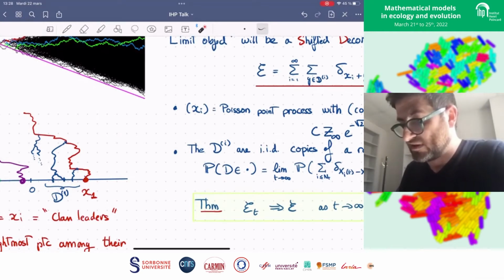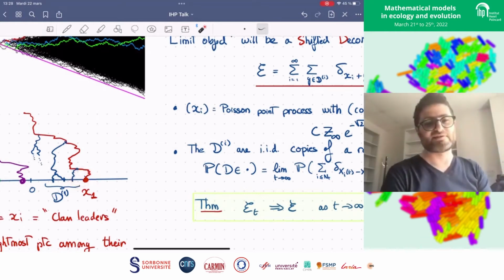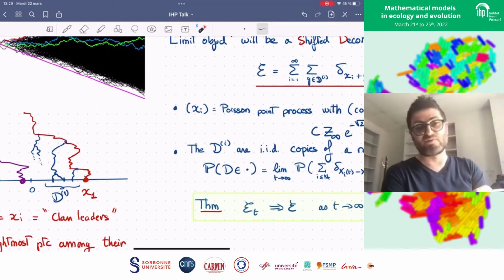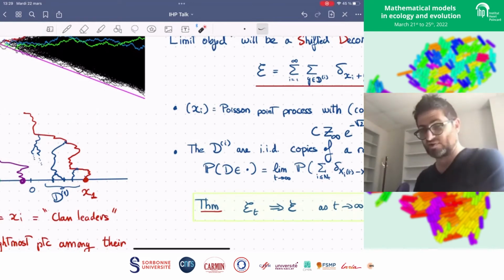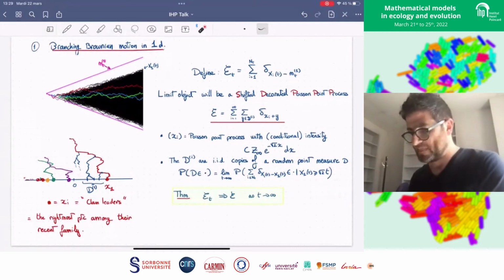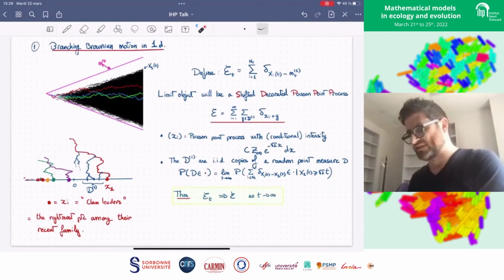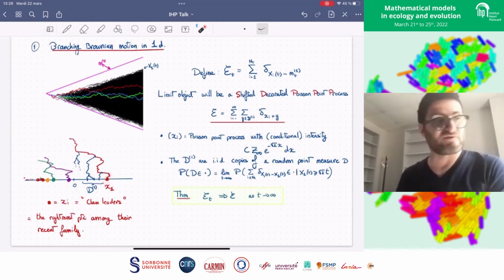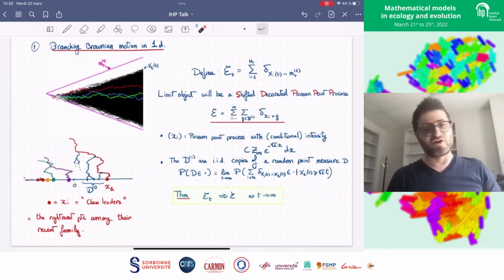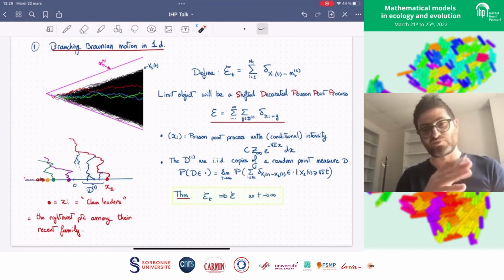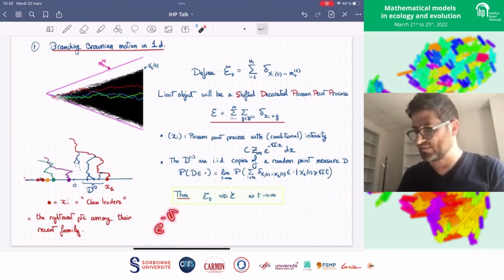I'm going to call them the clan of this red particle. The clan leaders are simply the particles which are the rightmost within their clan, within their immediate family. So what we're saying is that the clan leaders, the particles which are the rightmost amongst their cousins, form the Poisson point process with intensity e to the minus √2 x.